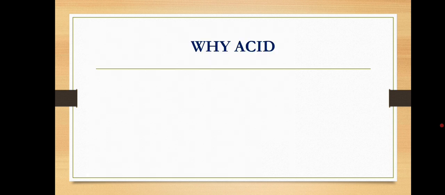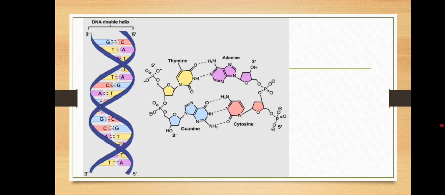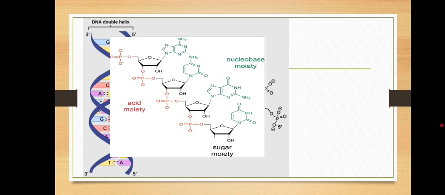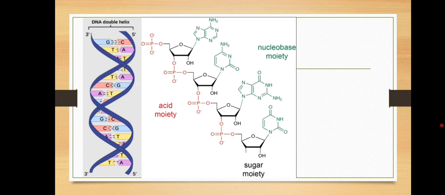Next, what is acid? Nucleic acid. We all know what nucleic is. Now what is acid? Please look at the structure of DNA. If you look at the DNA structure, there are three parts.